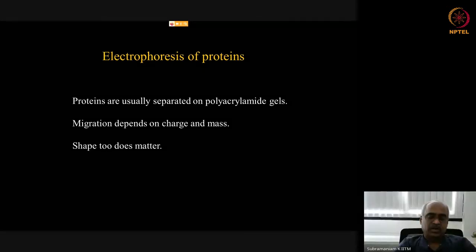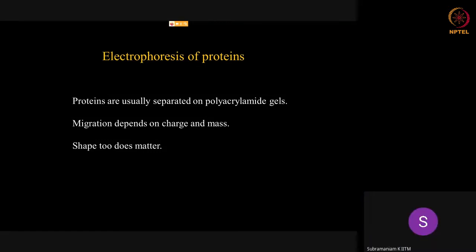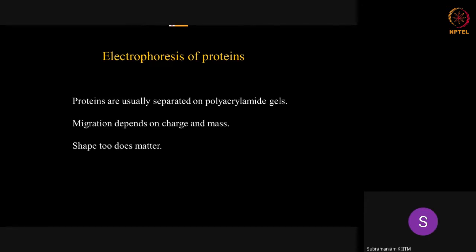So polyacrylamide is a gel. It is made up of a monomer called acrylic acid and bisacrylamide, and these two form a network-like matrix polymer. Bisacrylamide acts as the cross-linking molecule that cross-links long polymers of acrylic acid. So that is the polyacrylamide gel.